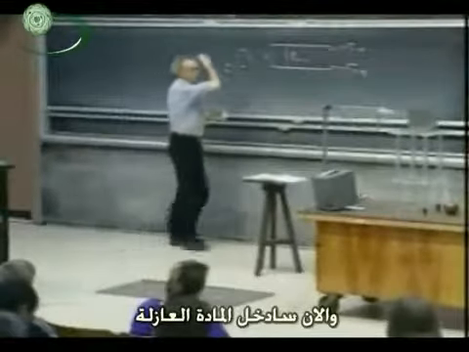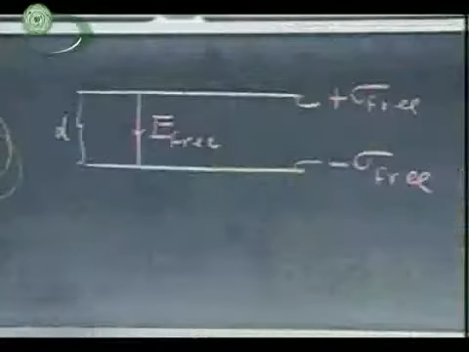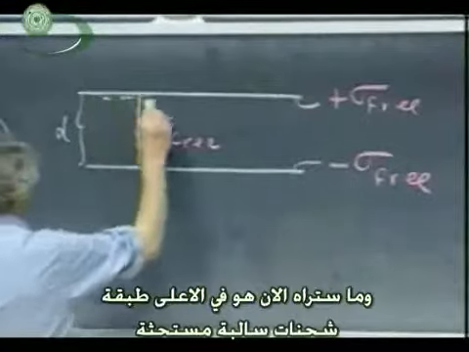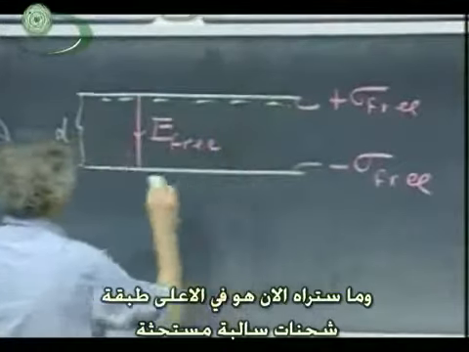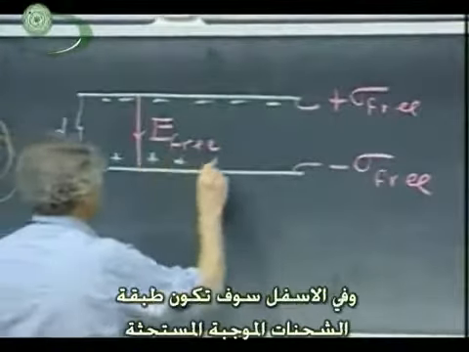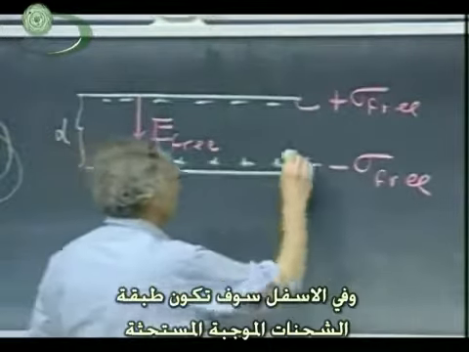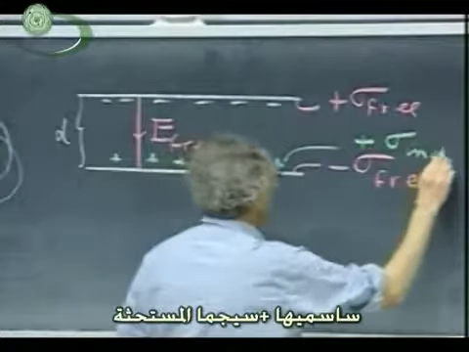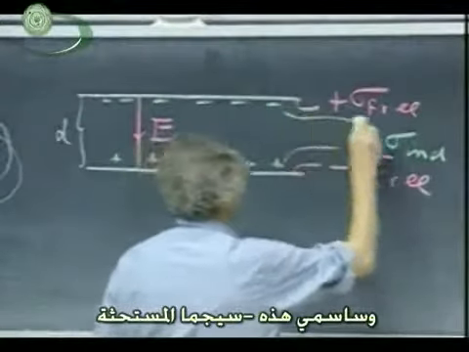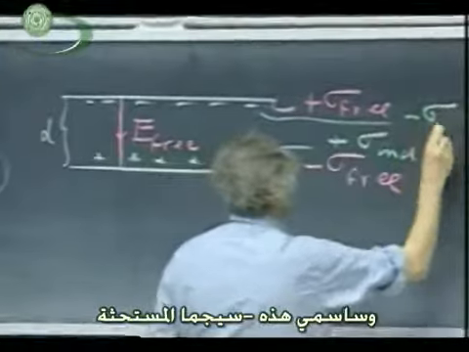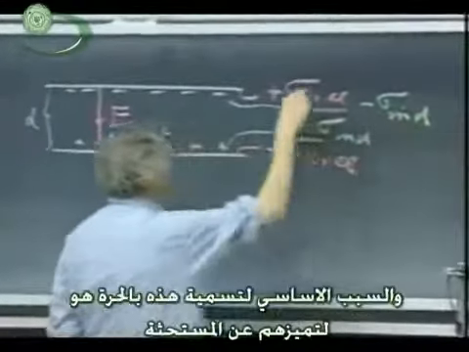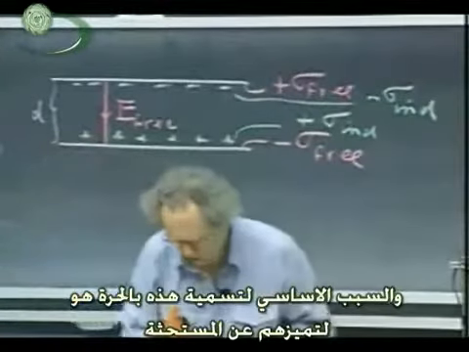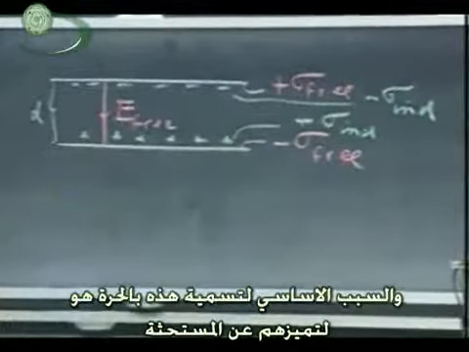But now I move in a dielectric. I move in one of those substances. And what you're going to see here now, at the top, you're going to see a negative induced layer, and at the bottom, you're going to see a positive induced layer. I called it plus sigma induced, and I call this minus sigma induced. The only reason why I call the other free is to distinguish them from the induced charge.